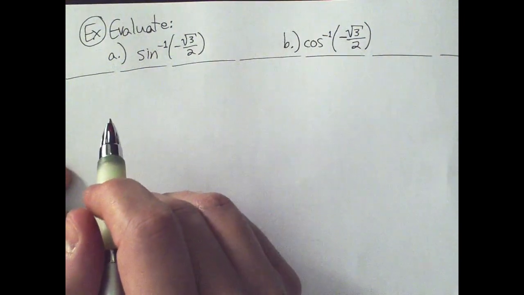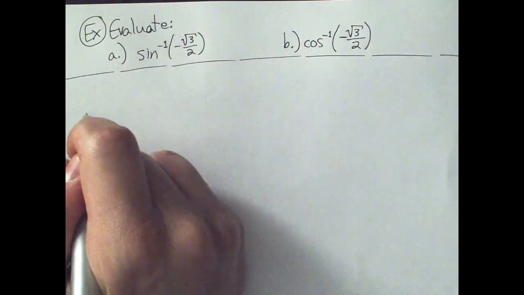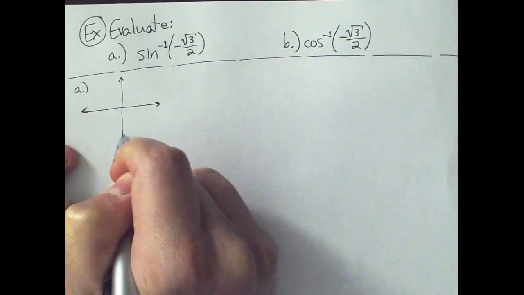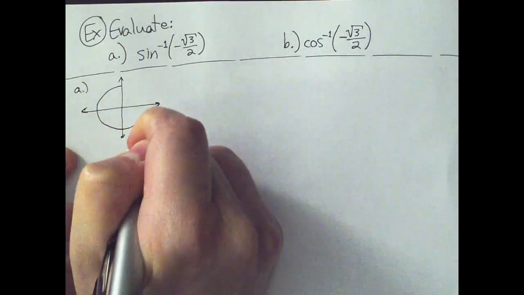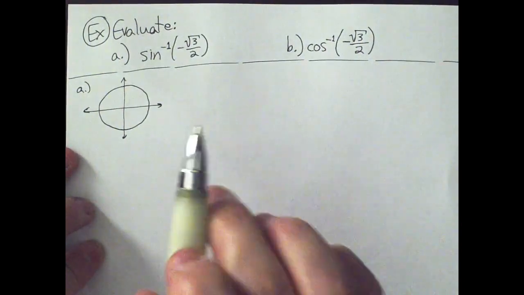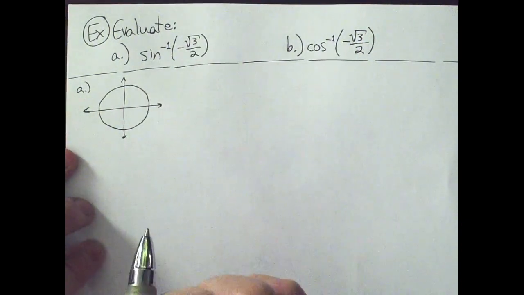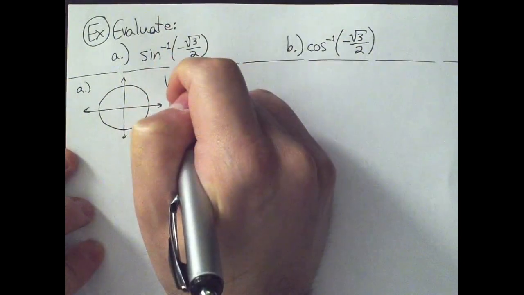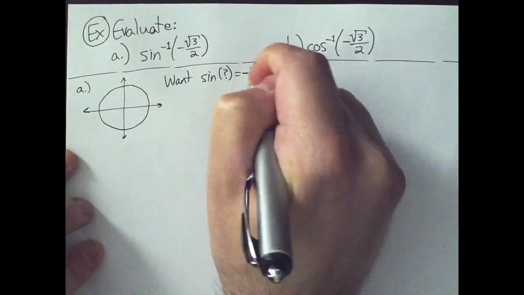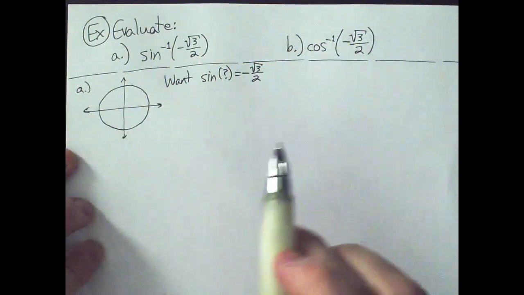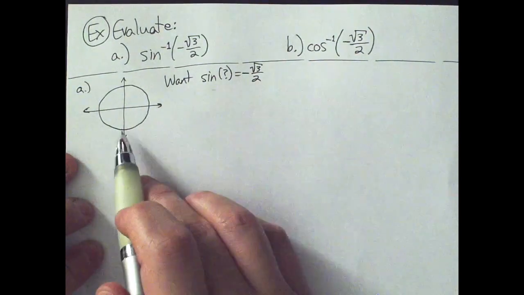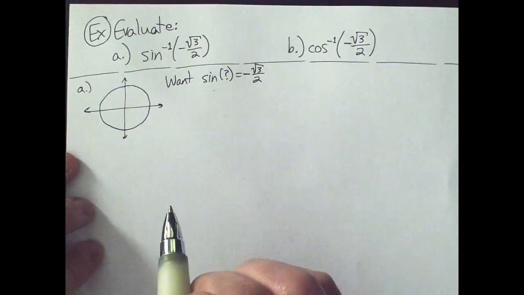I'm going to do a scratchwork unit circle for part A. Draw the unit circle. We want sine of something to equal negative square root of 3 over 2. So I basically want the y-coordinate on the unit circle, sine, to be negative square root of 3 over 2.